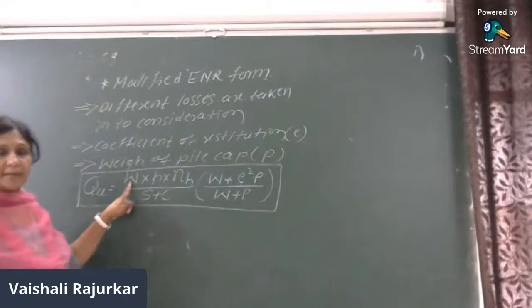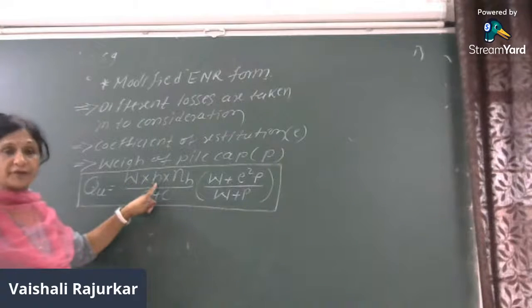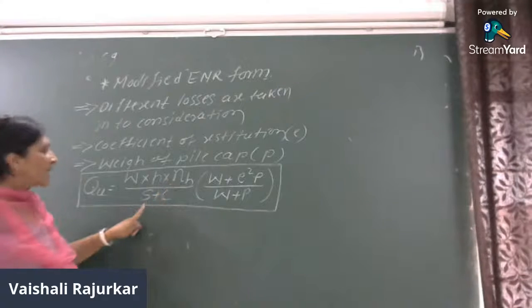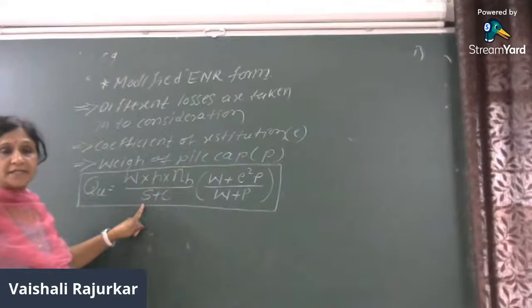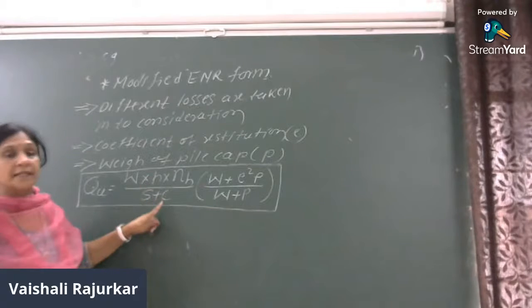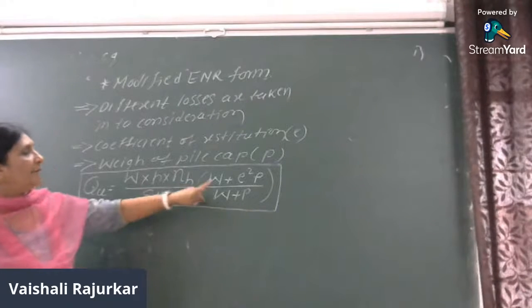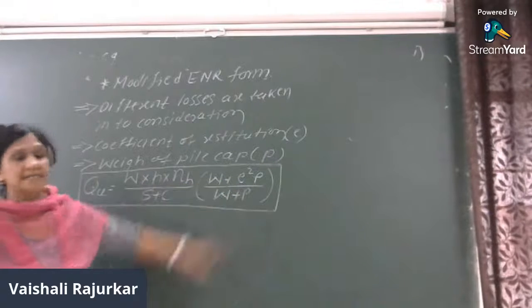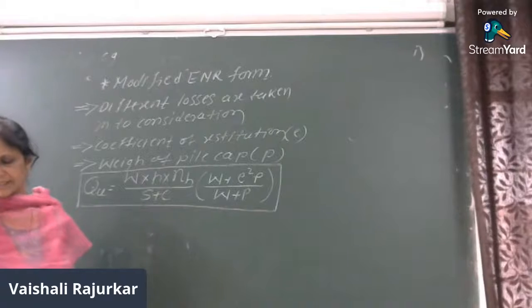W is the weight of the hammer in kilonewton, H is the height of the freefall in centimeters, efficiency of hammer is given in percentage, S is the penetration of the pile per blow, then C is the constant, W is the weight of the hammer, E is coefficient of restitution, and P is the weight of the pile is taken into consideration.